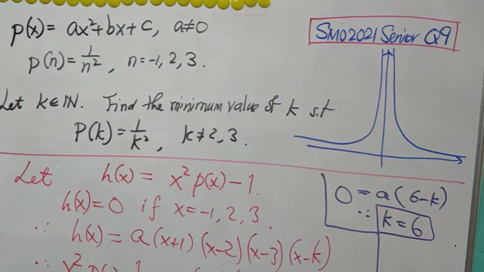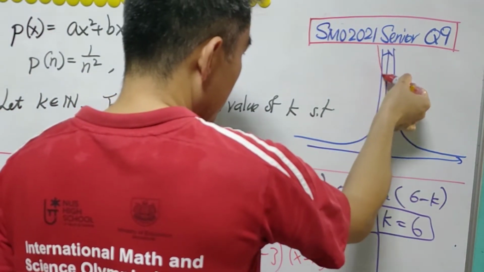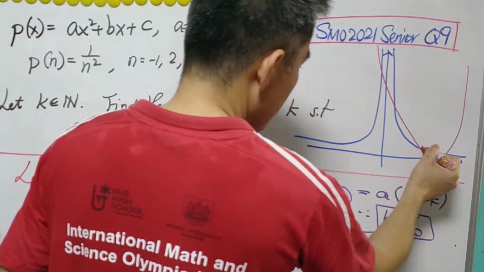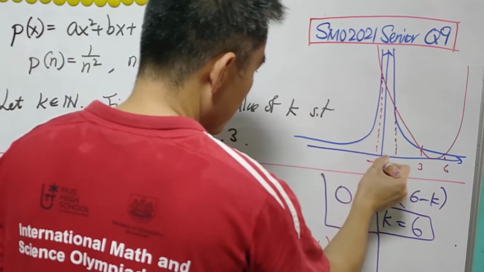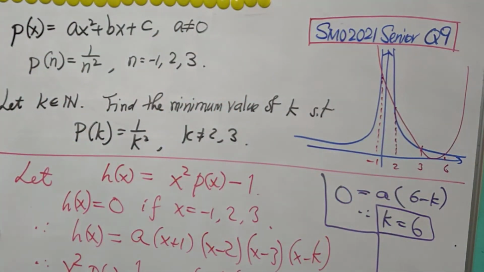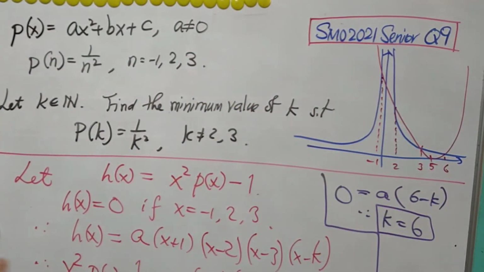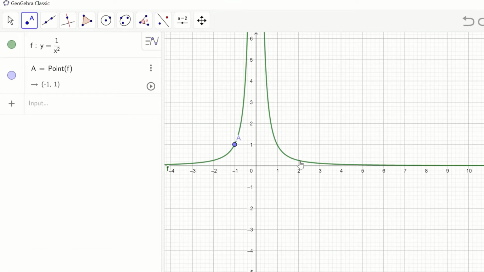And after we compare all the coefficients, we should be able to get the values of a, b, and c, and we should find out that this is the possible curve, where this is equal to 6, this is equal to 3, this is equal to 2, and this is equal to 1. And actually, this is 5. So you can see it using GeoGebra, you can have a nicer graph of these two curves.